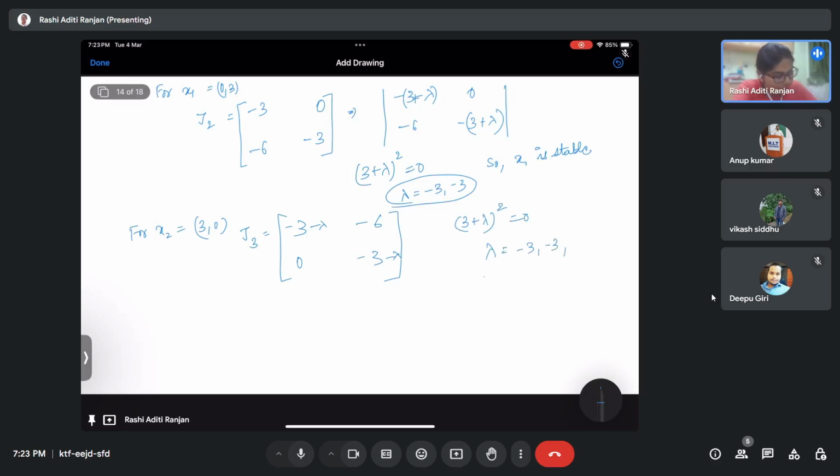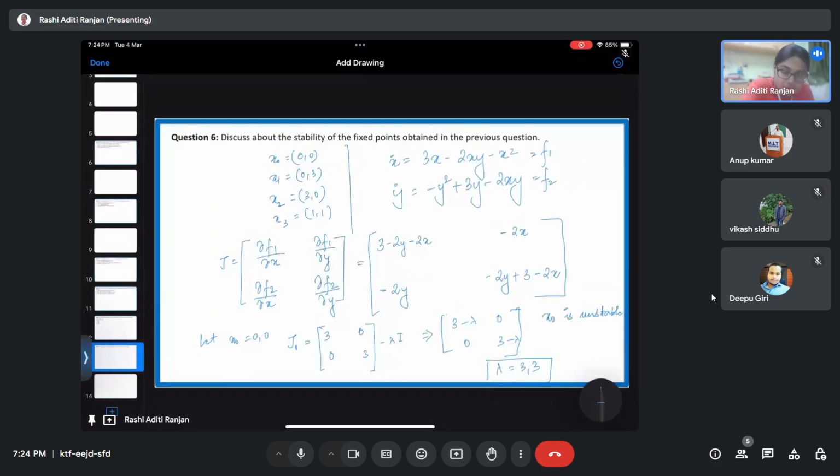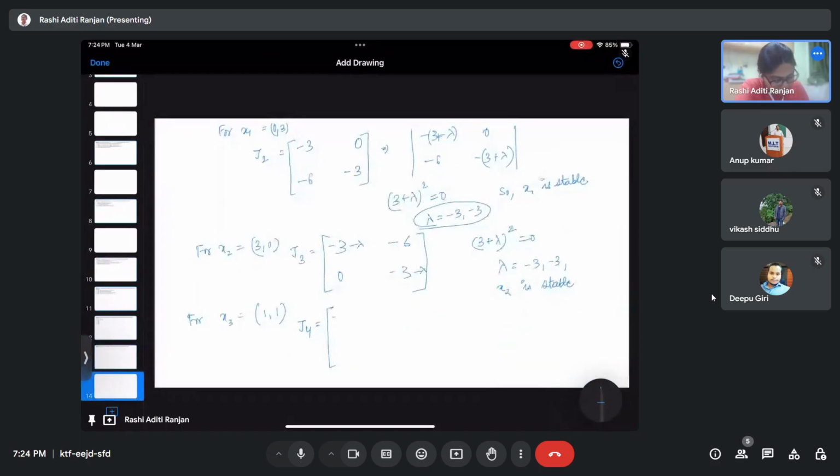So x2 is stable. And for x3, which is nothing but (1, 1), I have the Jacobian as 3 minus 2y minus 2x, so 3 minus 4, which is going to be minus 1.